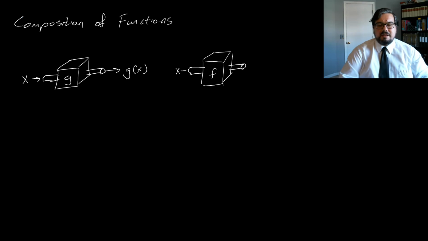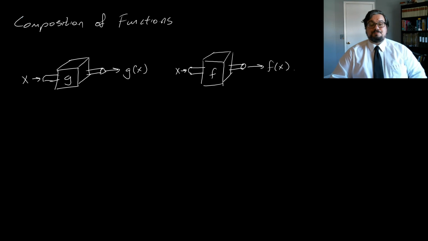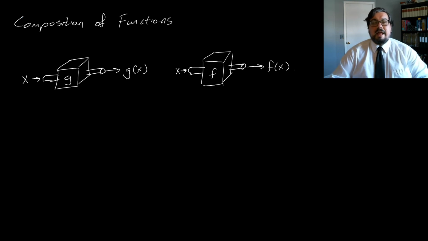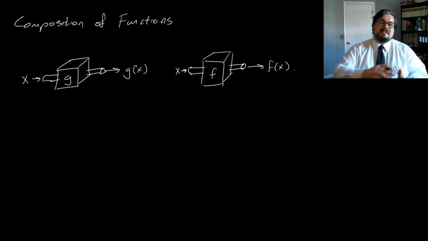So if we get an x in here, we get an f of x out of here. And we can even think of these functions as being very much like mechanical processes, where you've got one machine which flattens the sheet of metal and another machine which etches a design into it.